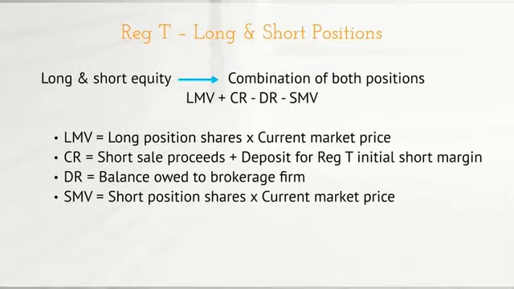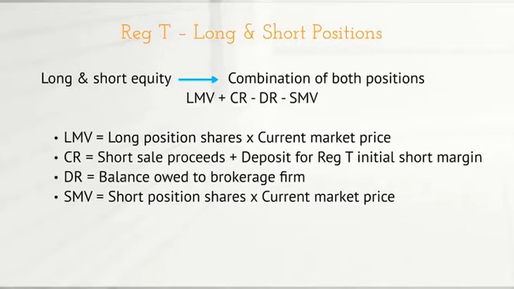Now, if we have a combination of positions in our account, we can have long and short calculations that we have to make. We can combine them into one formula to figure out what the total equity is between all the positions. So we have our long margin calculation of the LMV less the debt balance, the amount that we've borrowed from our broker-dealer, which we calculated before.